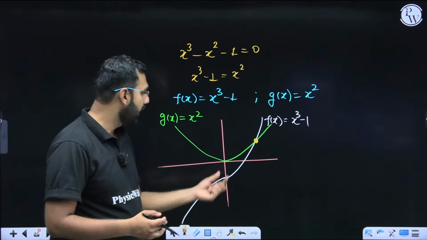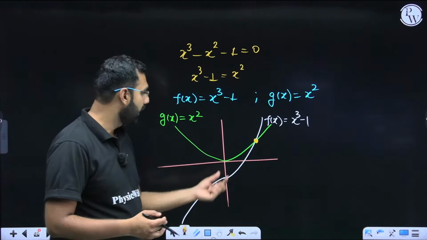But if I were to answer the question of how many solutions there will be, I'll say one real root will be there, at least one. Although for a cubic, you can always say minimum one real root will be there. Since it is cubic, its graph could be somewhat like this, going from minus infinity to plus infinity, which means it is always going to intersect the x-axis at least once.